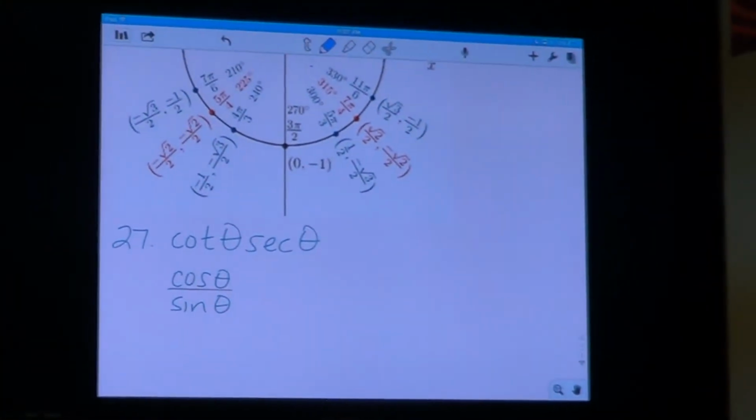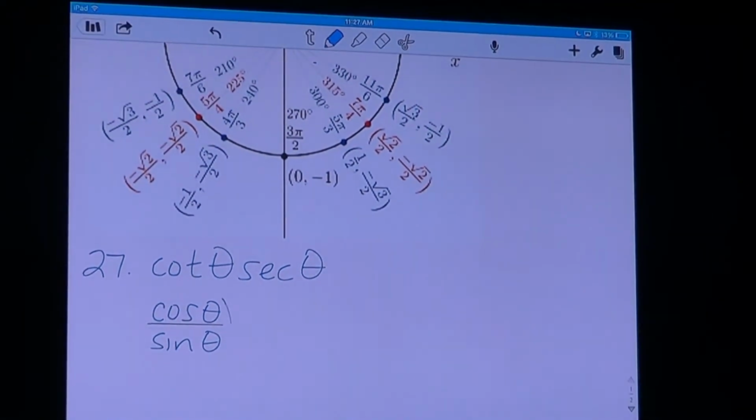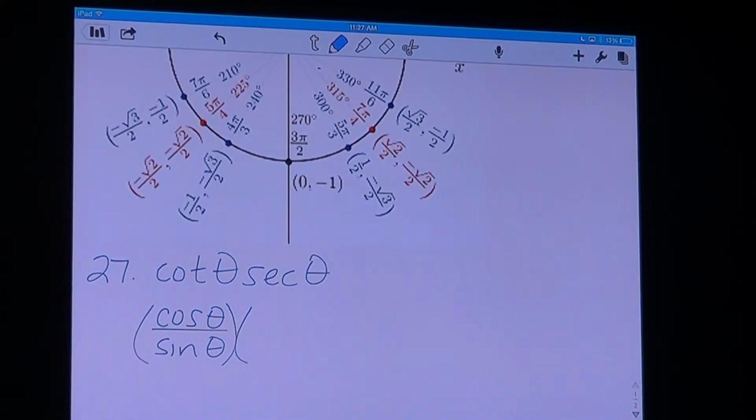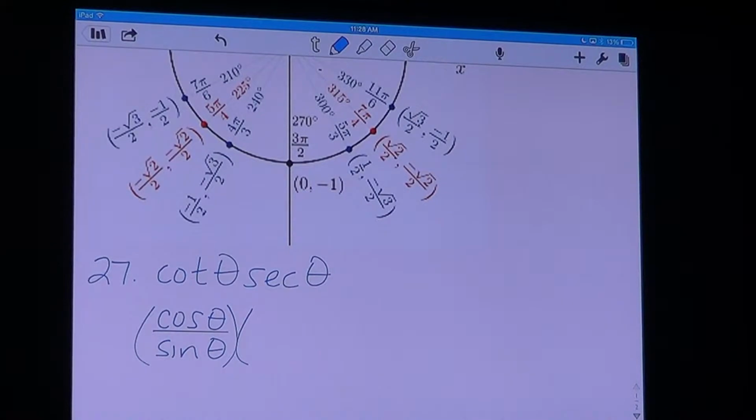Alright, so we'll change cotangent into cosine over sine, and then secant, if we write that in terms of sine and cosine, what would it be? You can look at your reciprocal identities in your paper.